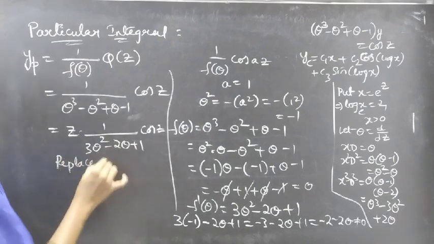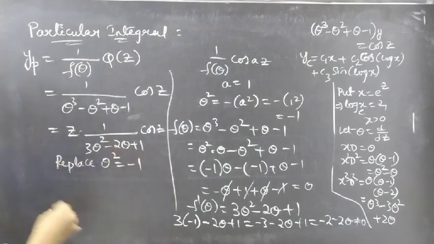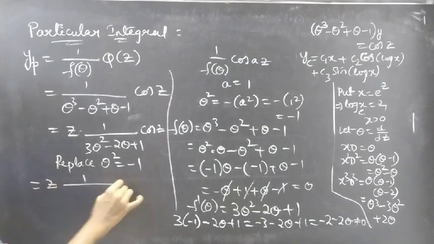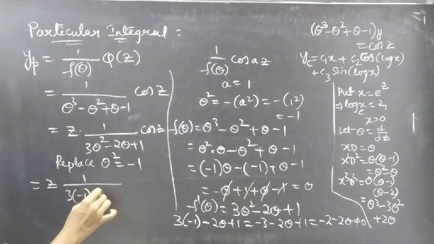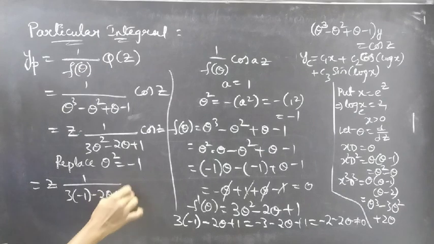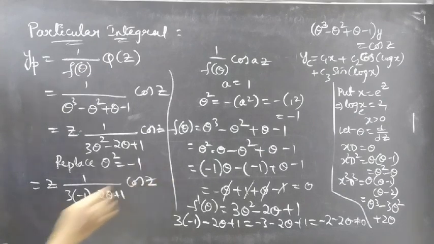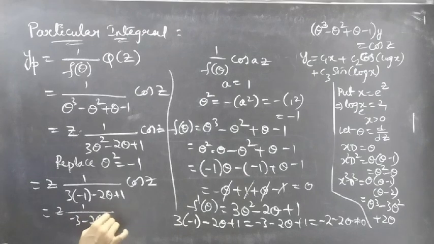Just replace θ² by −1. Then we'll get z into 1 by 3 into −1 − 2θ + 1 into cos z. This is equal to z into 1 by −3 − 2θ + 1 into cos z.